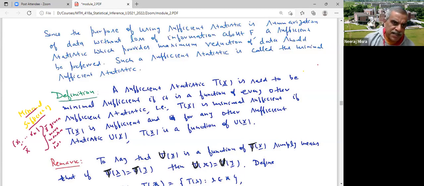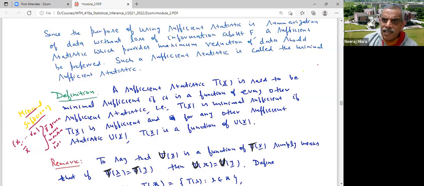That means given x1, x2, ..., xn, you can calculate x bar. It is reducing the data, because x1, x2, ..., xn carry a lot of other information. X bar says, no, I just need their sum divided by n. So x bar is a function of x1, x2, ..., xn. And if both are sufficient, certainly I'll prefer x bar.